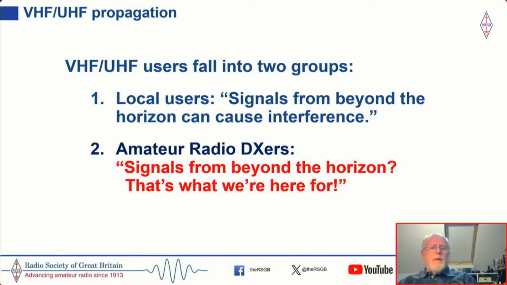And then there's the amateur radio DXers, who are saying signals from beyond the horizon, that's what we're here for, bring it on. And it is radio amateurs who treat these longer distance propagation modes as opportunities rather than a little bit of a nuisance. It's nice to be aware of who we are and where we fit in to the pecking order.